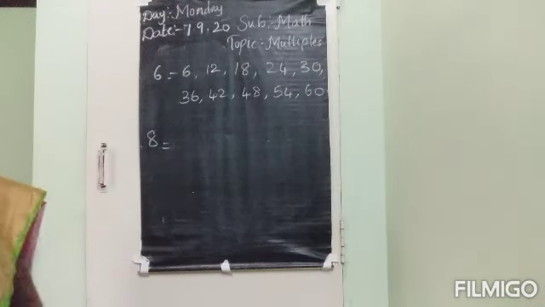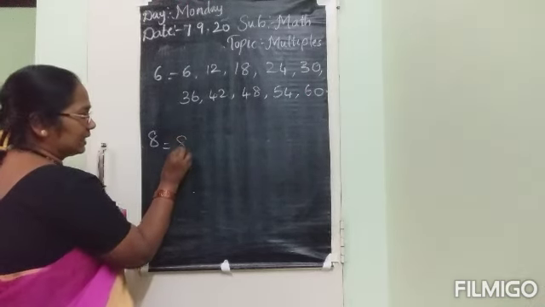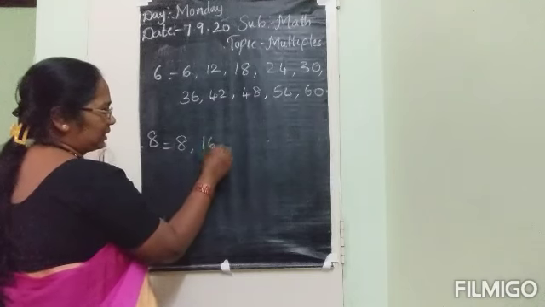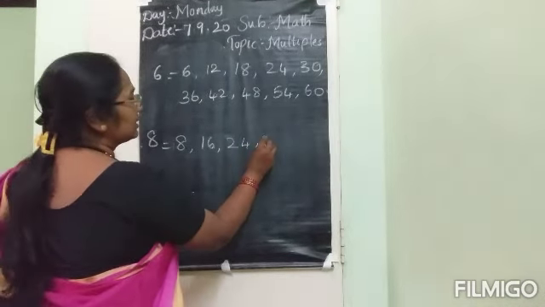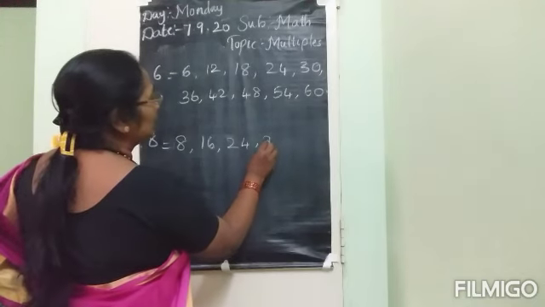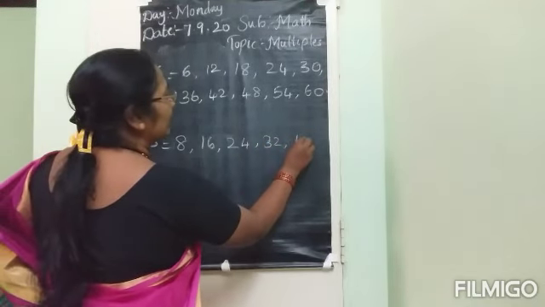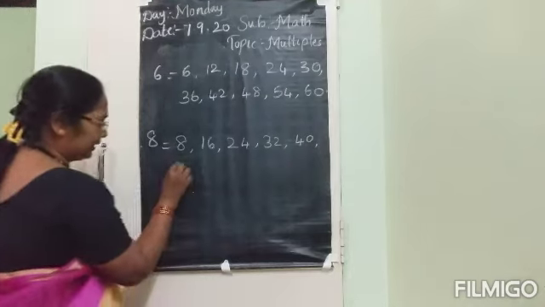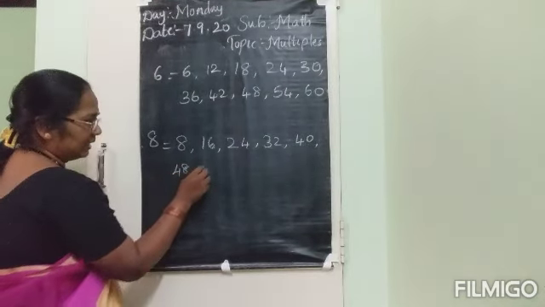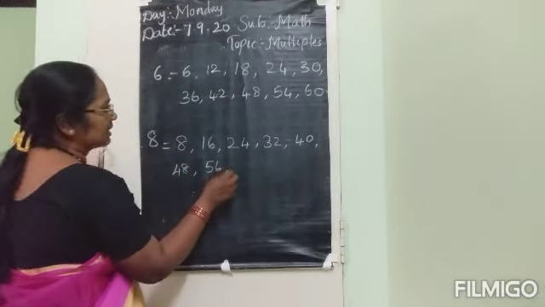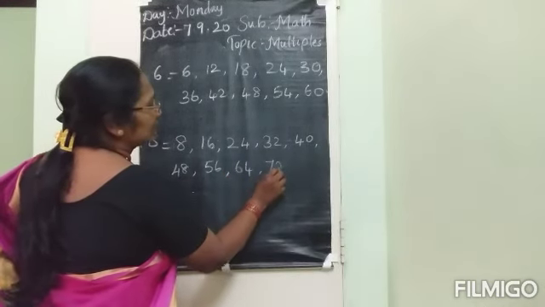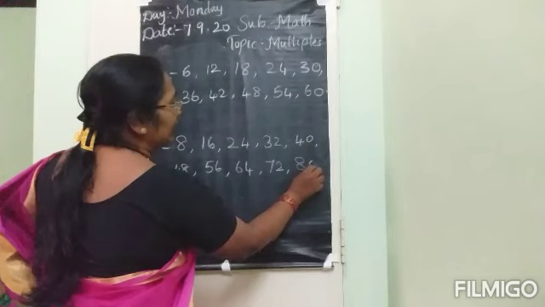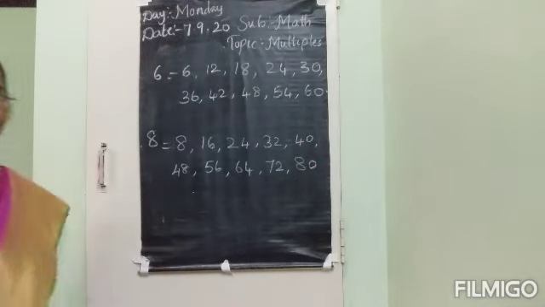Now the 8 table. 8 1s are 8, 8 2s are 16, 8 3s are 24, 8 4s are 32, 8 5s are 40, 8 6s are 48, 8 7s are 56, 8 8s are 64, 8 9s are 72, 8 10s are 80.